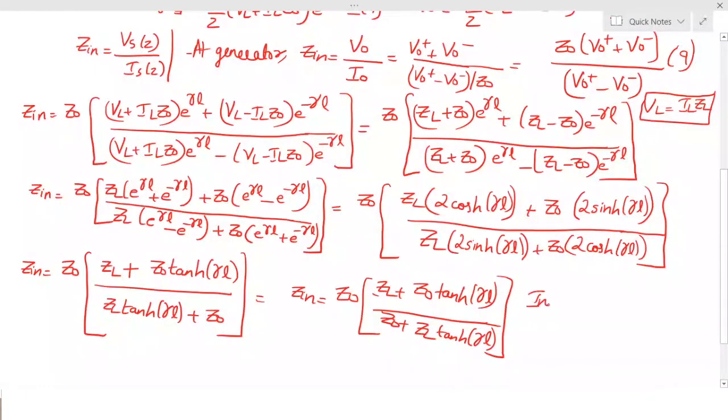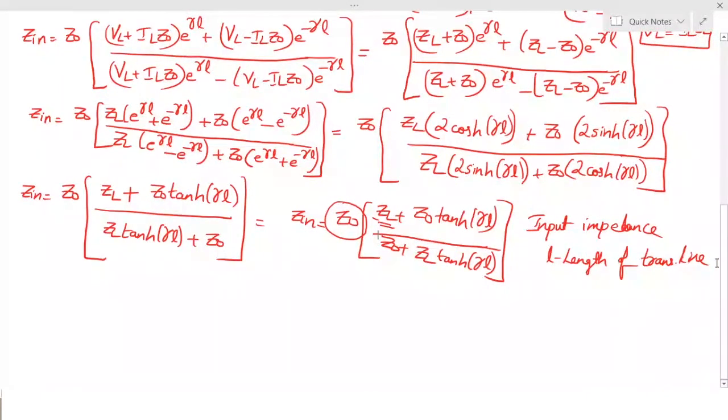Here L represents the length of the transmission line, Zin is the input impedance, Z0 is the characteristic impedance, ZL is the load impedance, and gamma stands for the propagation constant. So this is a very important equation.